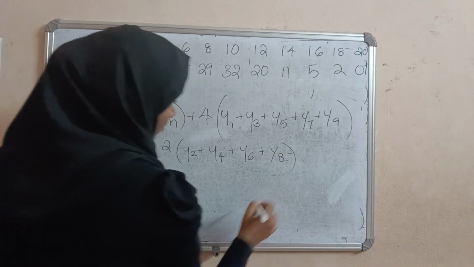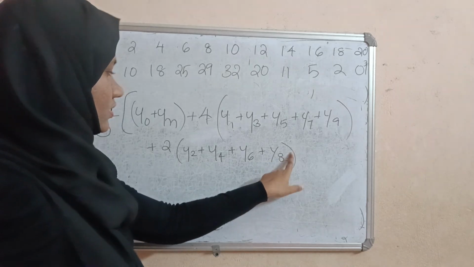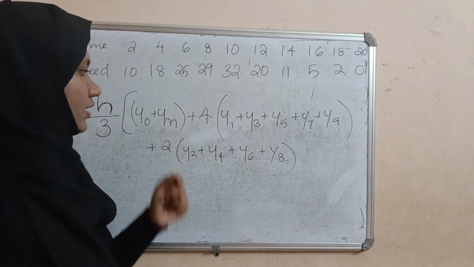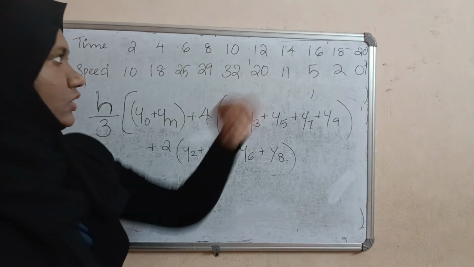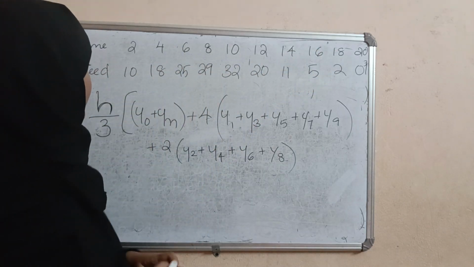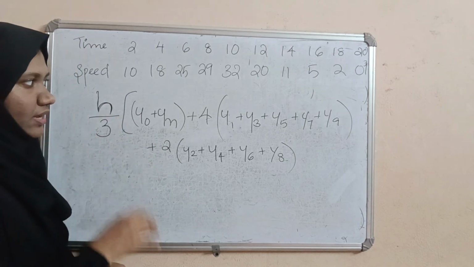We don't need to write y10 because we have already written that in the beginning. So we have a set of 10 values, and this is our equation for Simpson's 1/3 rule.